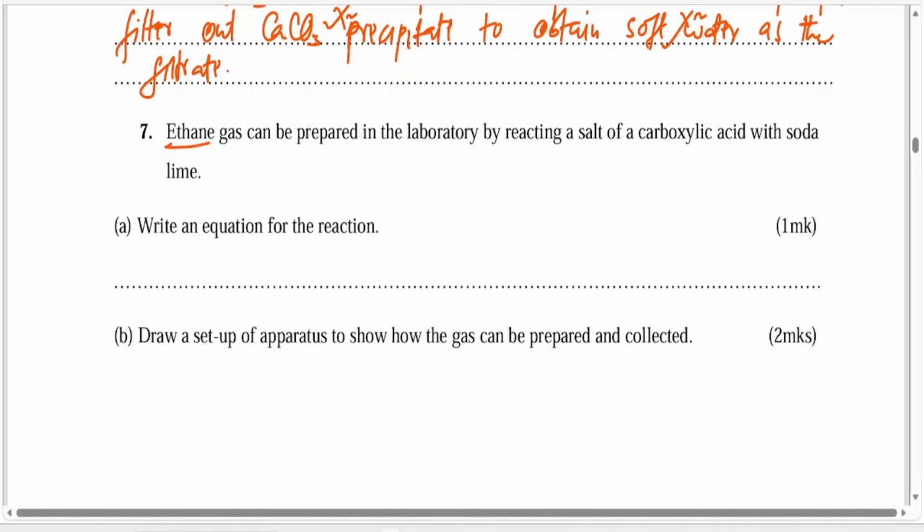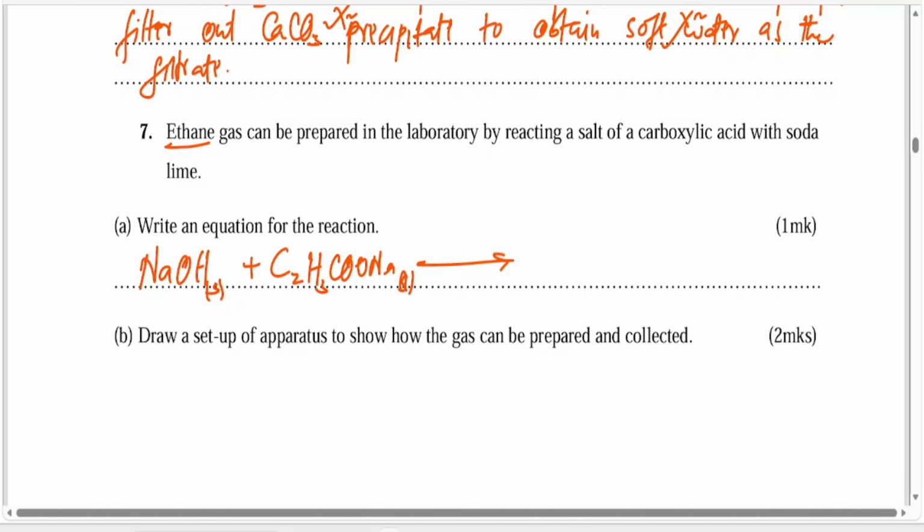So here I have sodium hydroxide, which is part of the soda lime because it's a mixture of calcium oxide and sodium hydroxide. Then I react it with sodium propanoate. Sodium propanoate is not a liquid, but a solid.